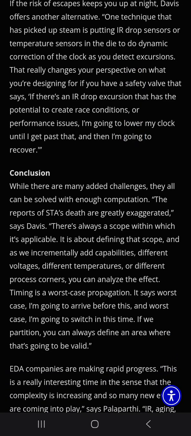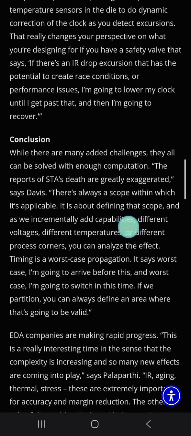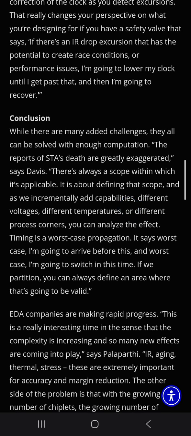Conclusion. While there are many added challenges, they all can be solved with enough computation. The reports of STA's death are greatly exaggerated, said Davis. There's always scope within which it is applicable.